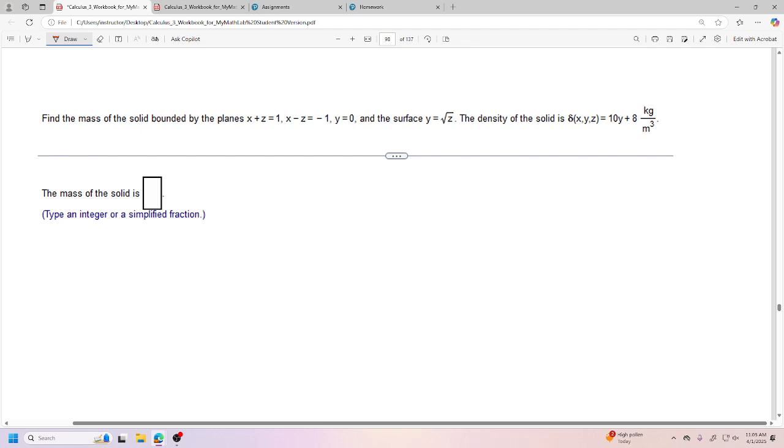So let's graph our region just like we did last time. And I think it would be easier if I got z equals. That's normally what I think of, right? So here I got z is equal to 1 minus x.